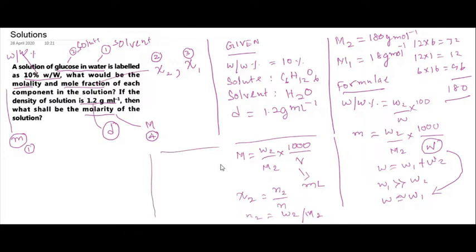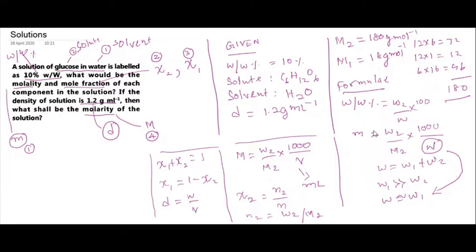And you have one more formula, chi1 plus chi2 is equal to 1. So from this chi1 can be found out once you are able to find chi2, so 1 minus chi2. Another important formula is density. Density is equal to weight by volume of the solution.